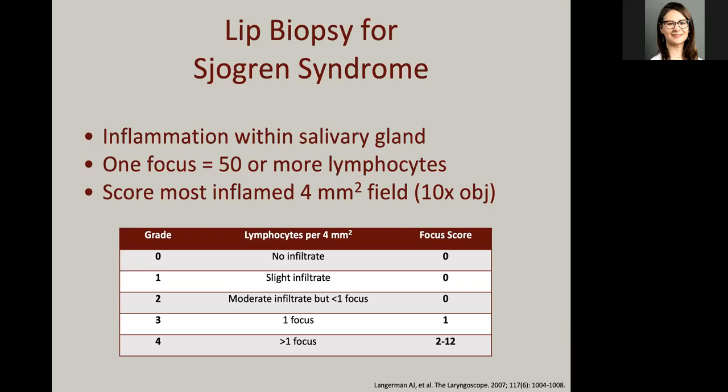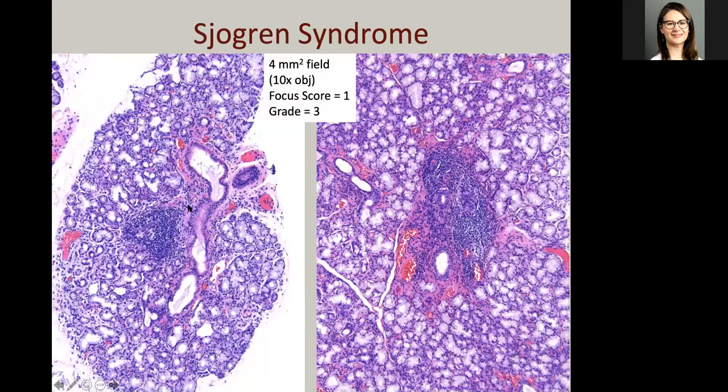Because sometimes we may see multiple salivary lobules, sometimes very few. So we really only want to score the most inflamed field, with the grading system seen below, described by our own former, Langerman and Taxi. So what we're looking for is essentially a blue area, right?